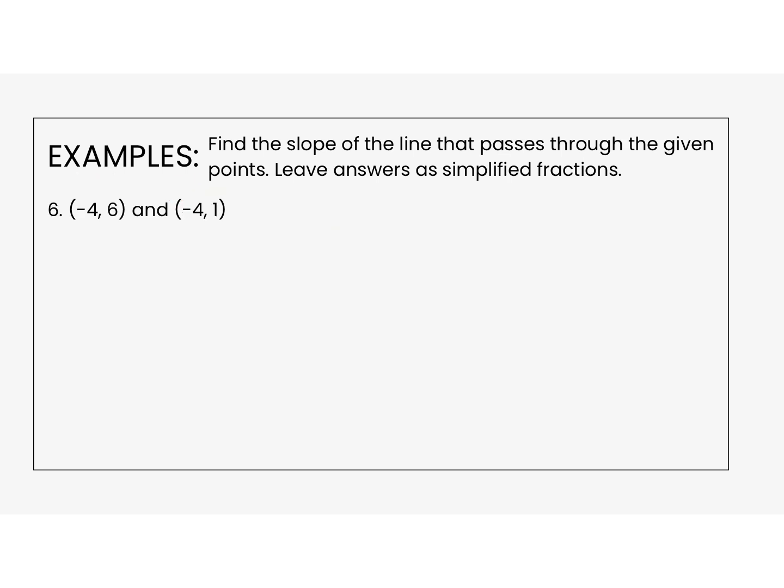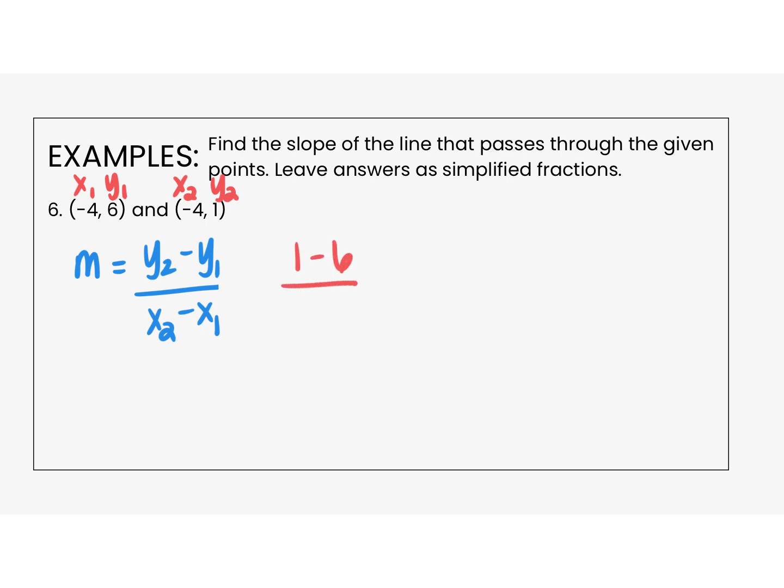Okay, let's look at one more example of just finding the slope. So again, we're starting with our equation, y2 minus y1 over x2 minus x1. And I'm plugging in my numbers here. So I have 1 minus 6 on the top. And then I have negative 4 minus negative 4 on the bottom. So that gives me negative 5 over, remember, minus a negative really becomes a plus, so negative 4 plus 4, which is 0.